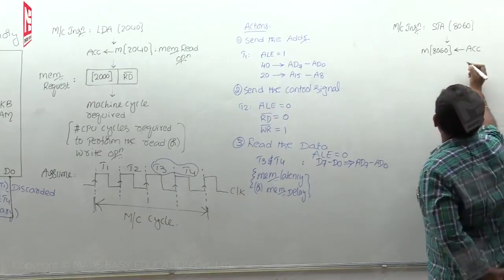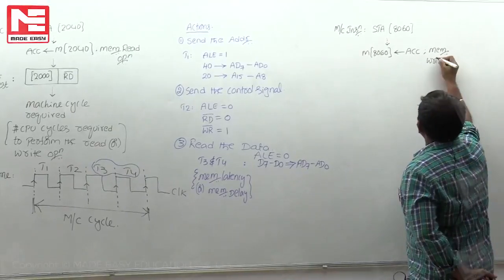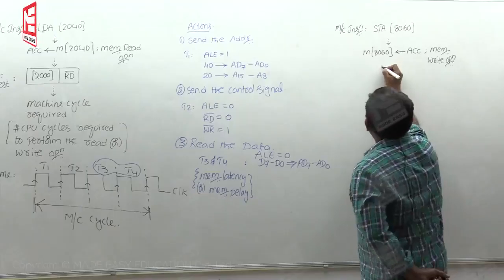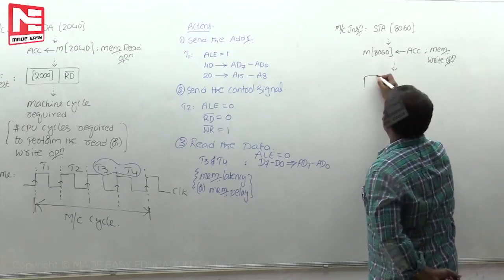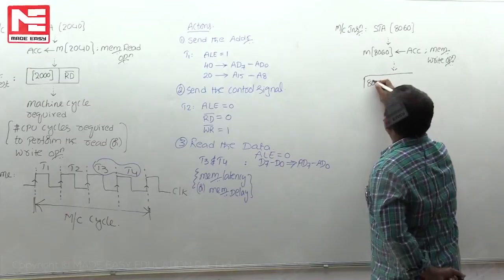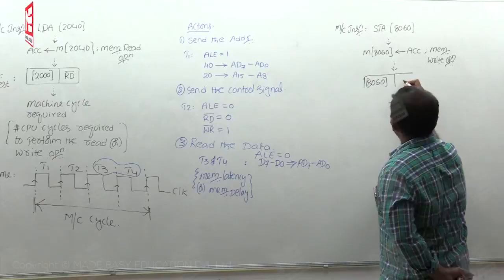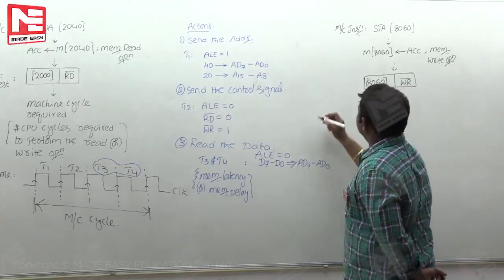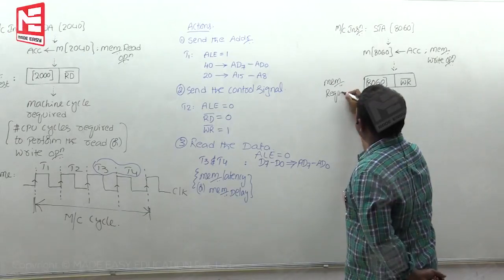Okay, this is about memory write operation. Clear? So to complete this operation, CPU generates the memory request, that is 8060 address, and control signal is WR bar. Write operation. This is the memory request generated by the CPU.